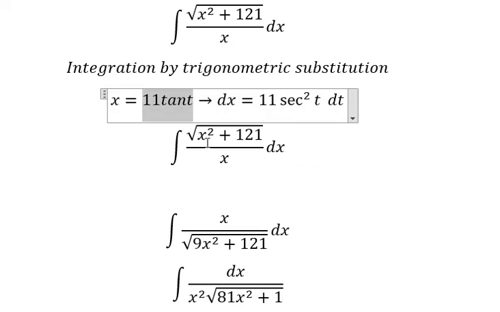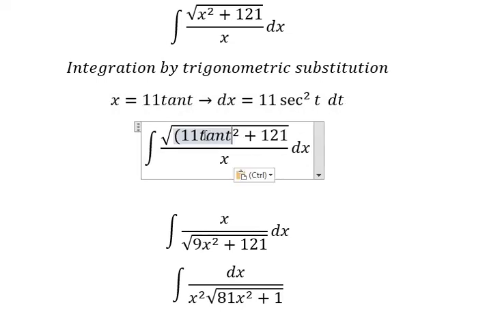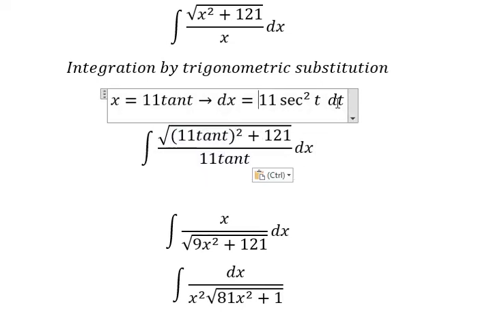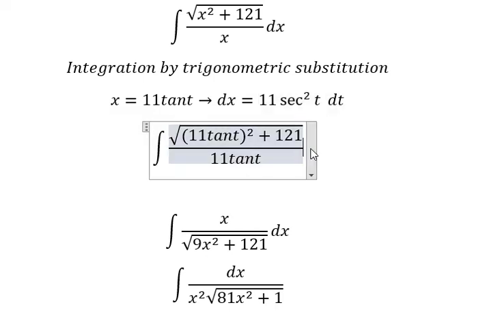So I will put this in here and here. The x we change by this.